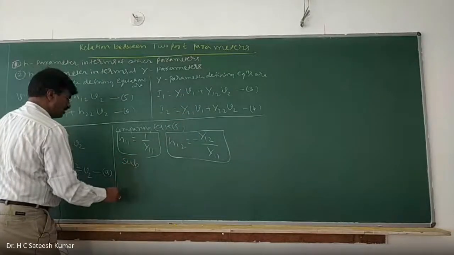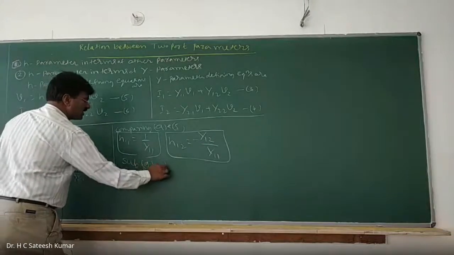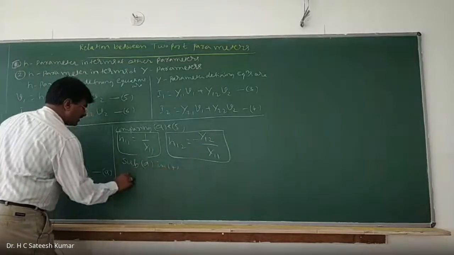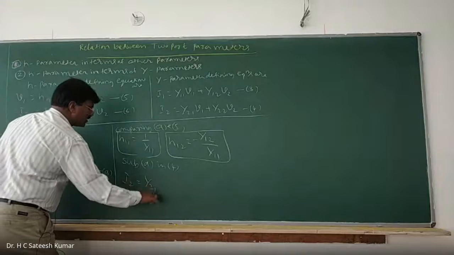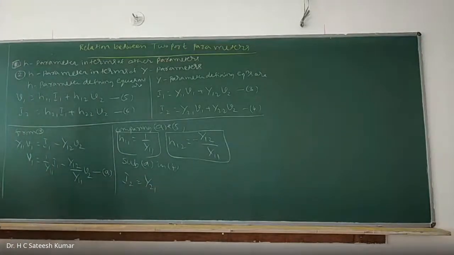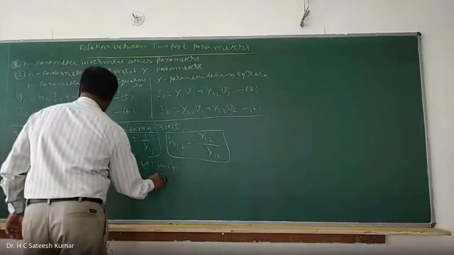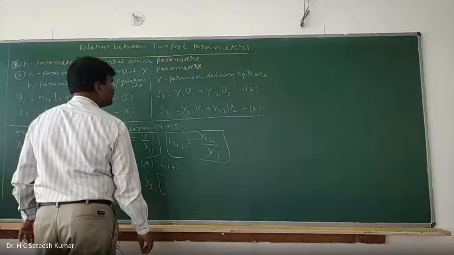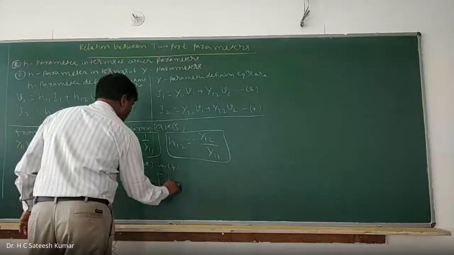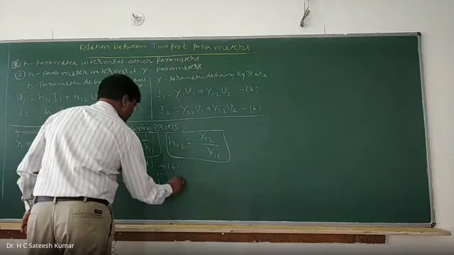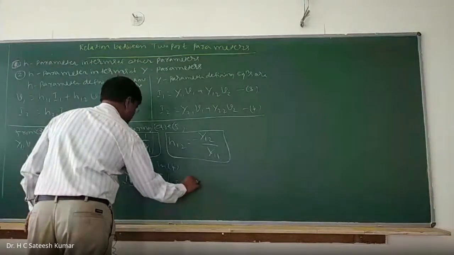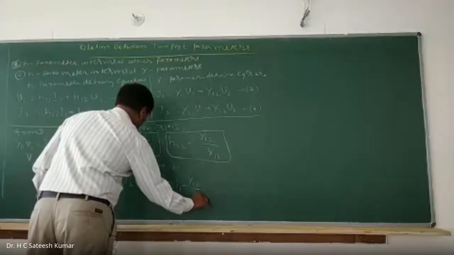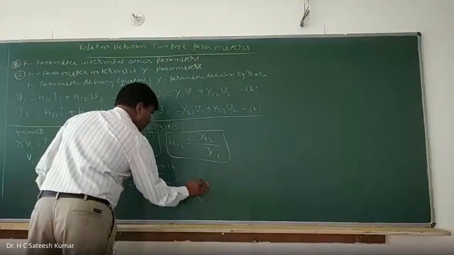Substitute A in 4. What will I get? I2 is equal to y21 into V1, and V1 is 1 by y11 into I1 minus y12 divided by y11 into V2.